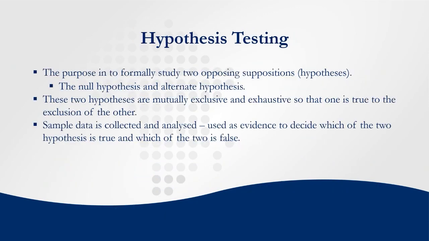Once you make a claim, then in hypothesis testing, you would construct it in the form of two suppositions. You would convert it into two opposing assumptions or hypotheses, which we refer to as the null hypothesis and the alternate hypothesis.